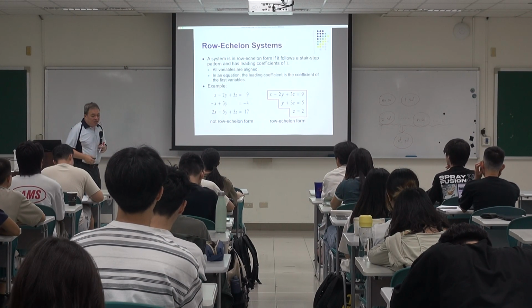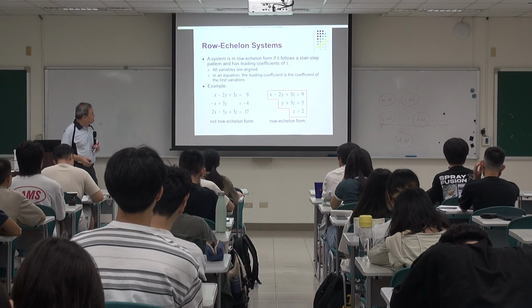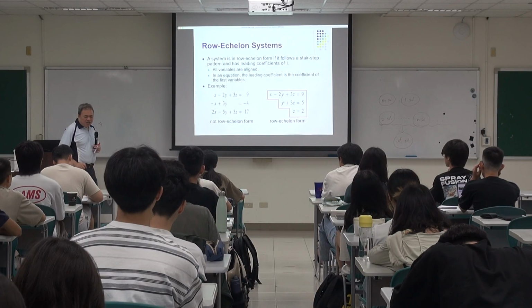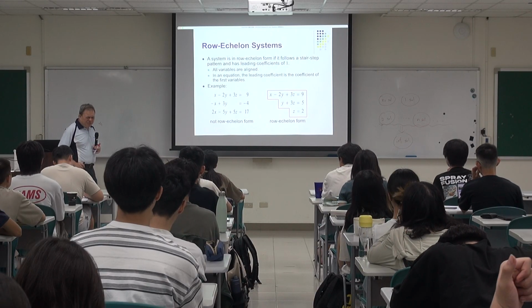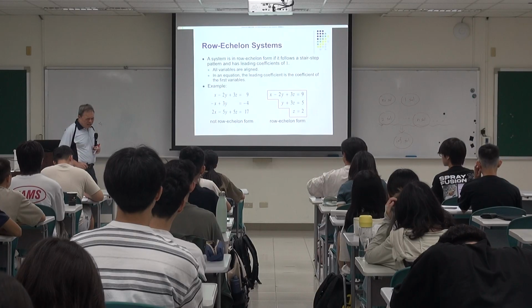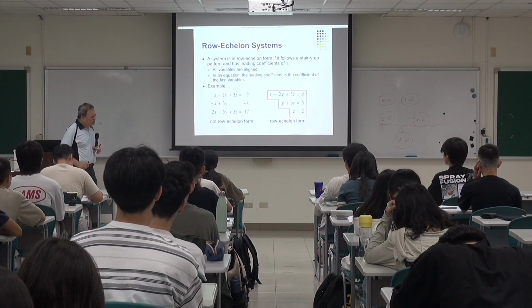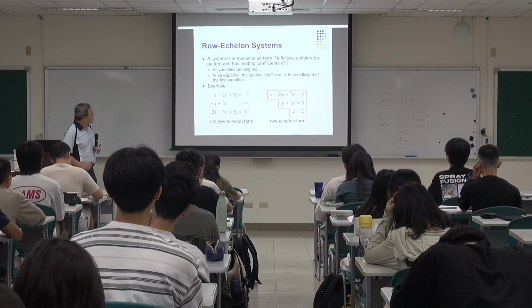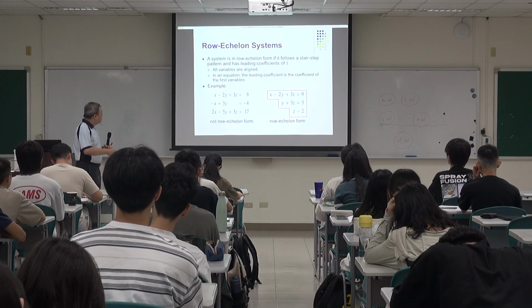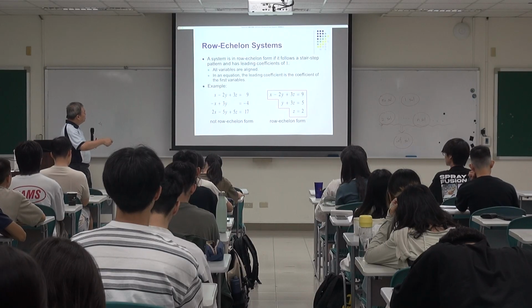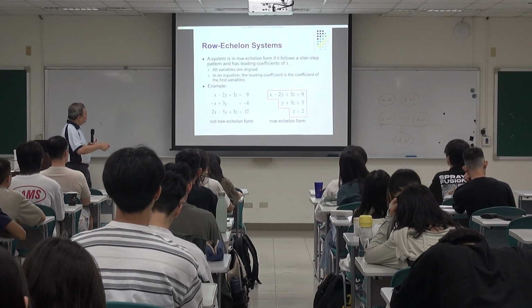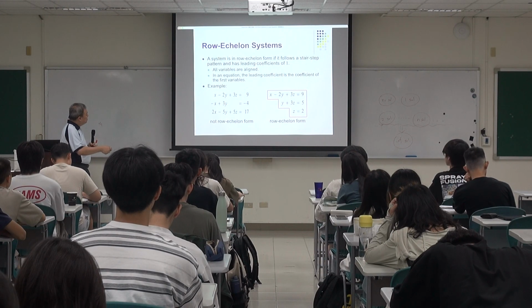Then it comes to junior high school, when your teacher teaches you how to solve a system of linear equations. They will teach you to convert your system into what we call row echelon form. What is row echelon form?